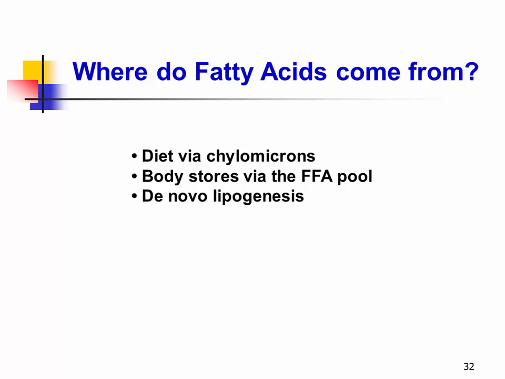Okay, so the last source of fatty acids is de novo lipogenesis, right? In the liver, fatty acid can be synthesized from glucose and amino acids. But again, it depends on the fed or fasting condition.